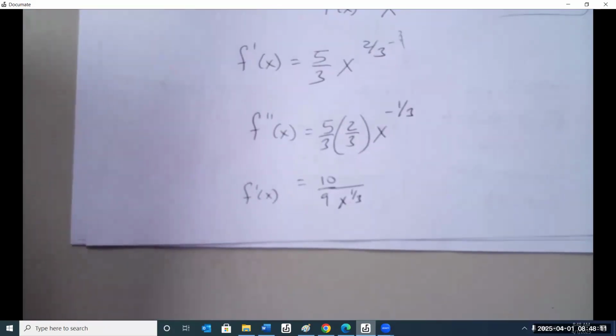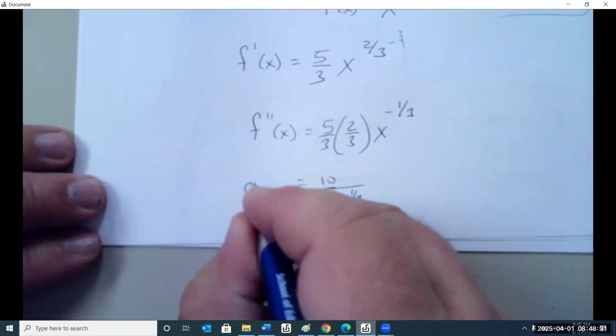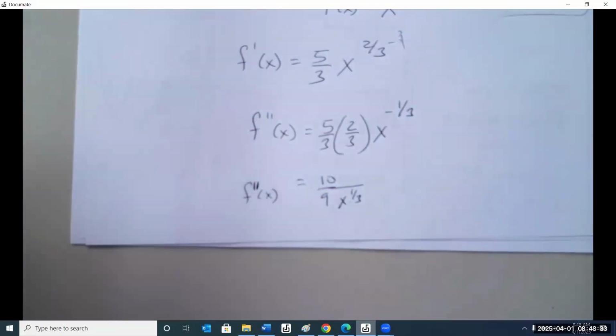What does that tell us? This is the second derivative. Where is it equal 0?